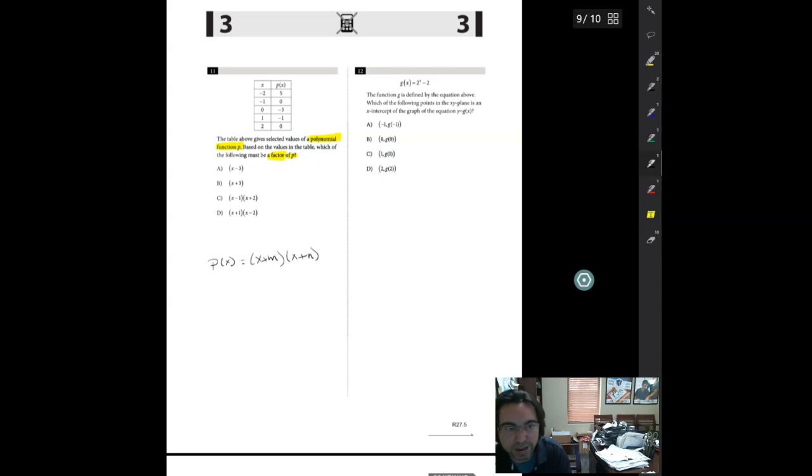Now remember, these are factors. And what do we know about the factors is that when graphing these factors, essentially we have intercepts, right? So when y equals 0, we have these x-intercepts. They're right here.